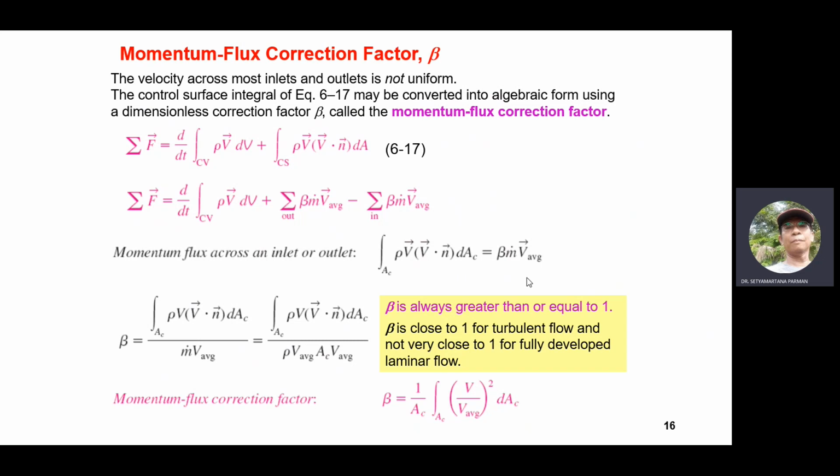So from this expression, beta can be defined as the ratio of the integral of rho V multiplied with the dot product of V vector and n vector dAc over m dot V average.